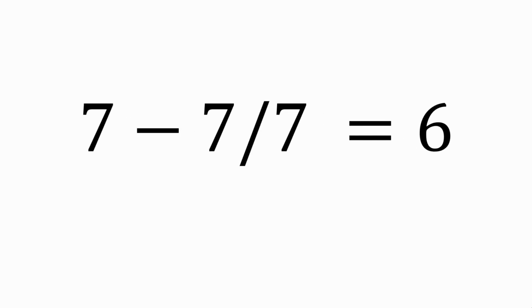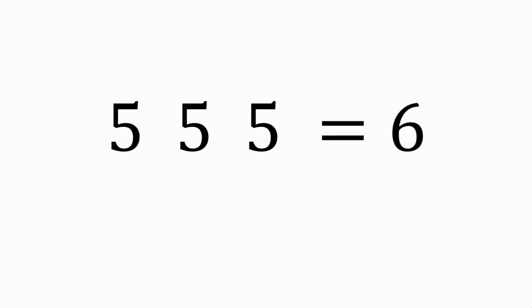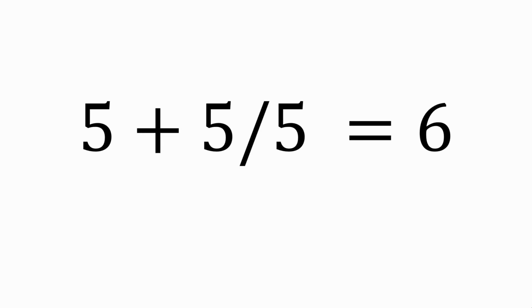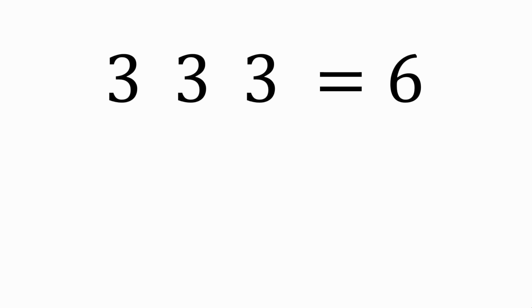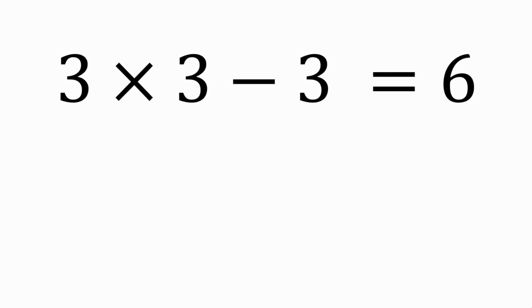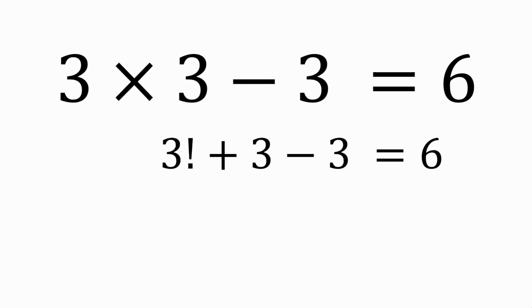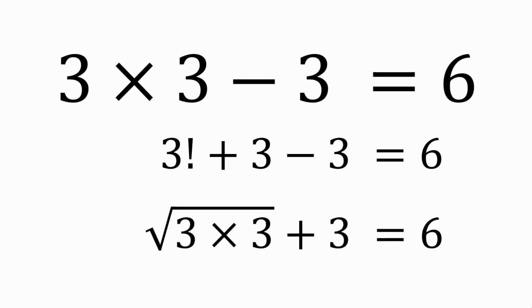Now, let's solve 9 9 9 is equal to 6. Well, one trick we can use is let's take the square root of each of these 9s. Here's a handy mathematician's trick. Since the square root of 9 is equal to 3, we have reduced the problem to solving 3 3 3 is equal to 6, and this problem has previously been solved, so any of our solutions for 3 3 3 is equal to 6 will also apply to this 9. Once we've applied the square root to each of the 9s, we could solve this as the square root of 9 times the square root of 9 minus the square root of 9.